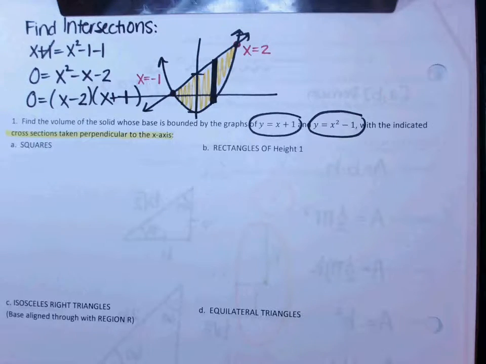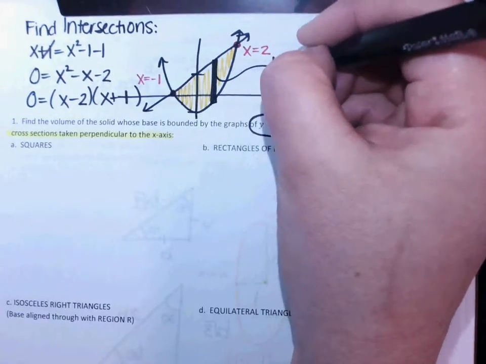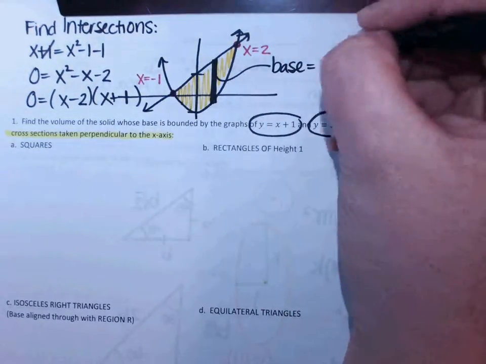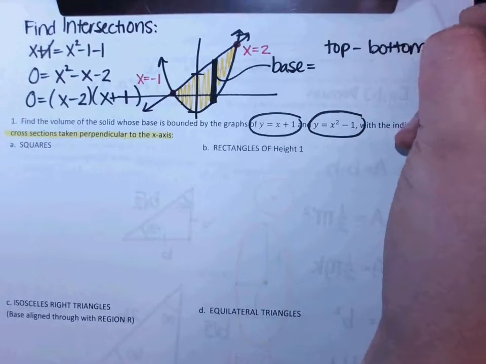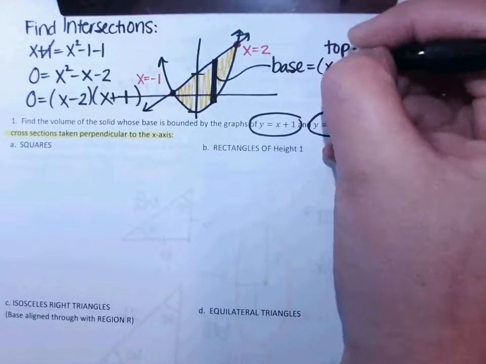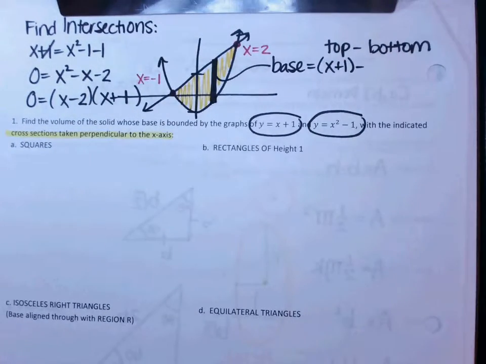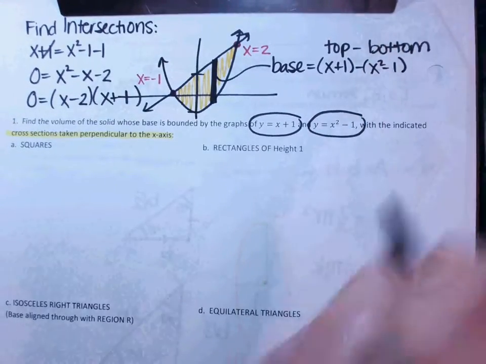When you write the formula for your base, it's going to be top minus bottom. And this is exactly like what we did last week. Which of those equations forms the top border of our region? X plus 1 minus, what's the bottom of the region? X squared minus 1, good.